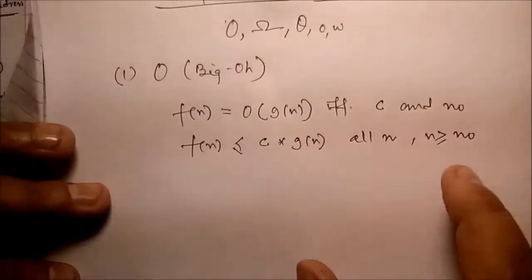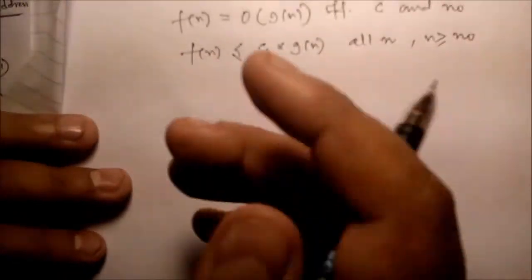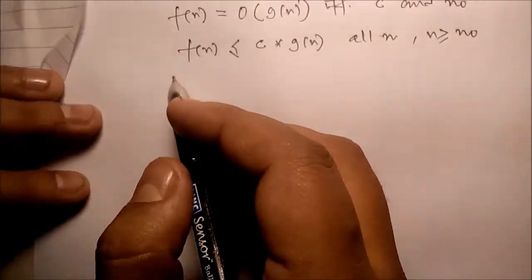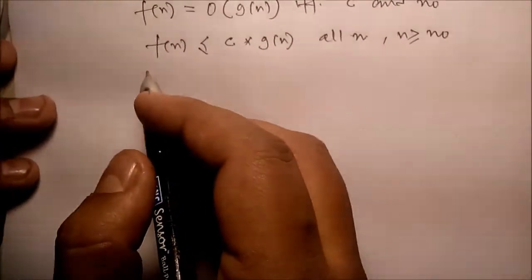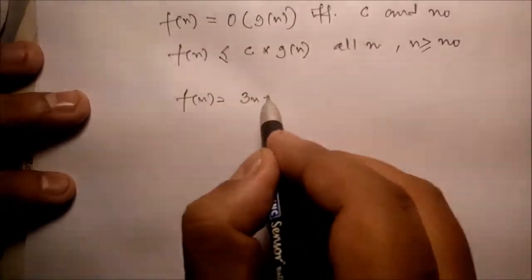Now it looks difficult, but basically these are very simple concepts. Just see one by one. Suppose one function is f(n) is equal to 3n plus 2.